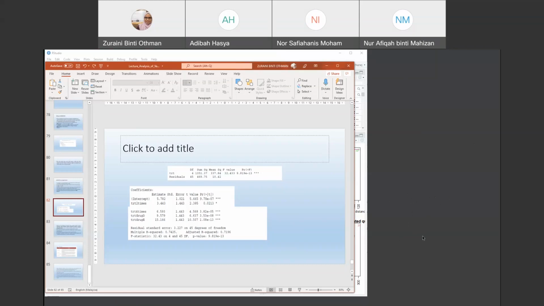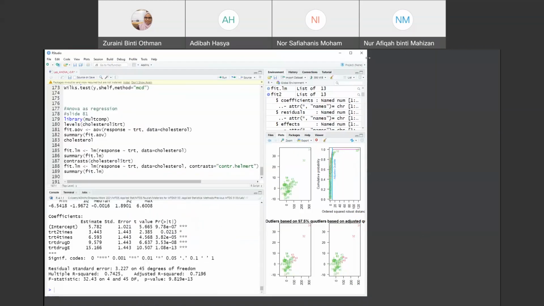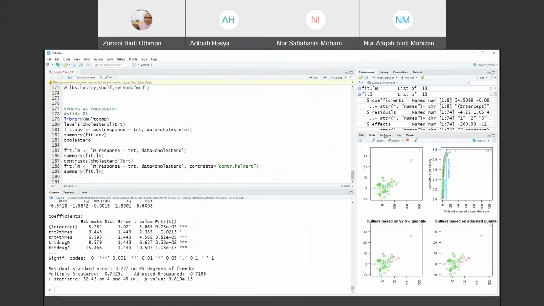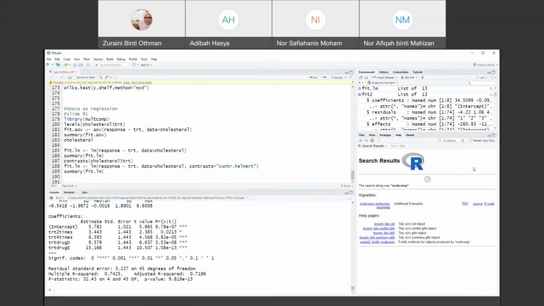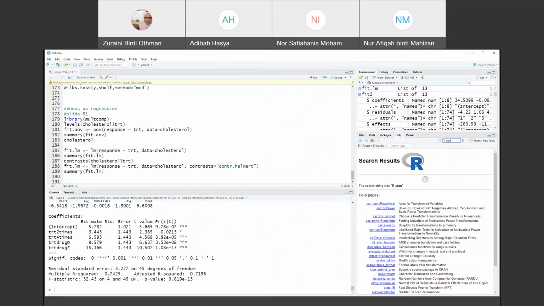If you are interested in learning more about experimental design using R, you can look at the R CRAN Task View. In R, this is the package listing. If we search on CRAN and we don't yet know the documentation for a particular package, we can look at CRAN.